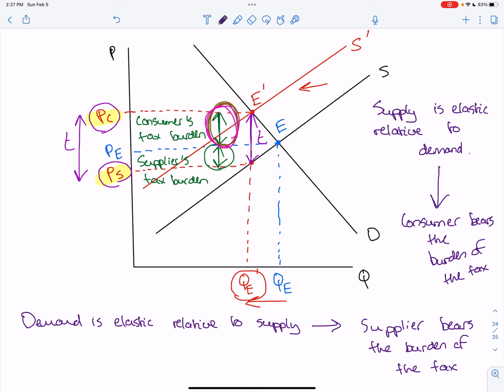So this is why elasticity matters for excise taxes. If supply is elastic relative to demand, then the consumer bears the burden of the excise tax. If demand is elastic relative to supply, then the supplier bears the burden.